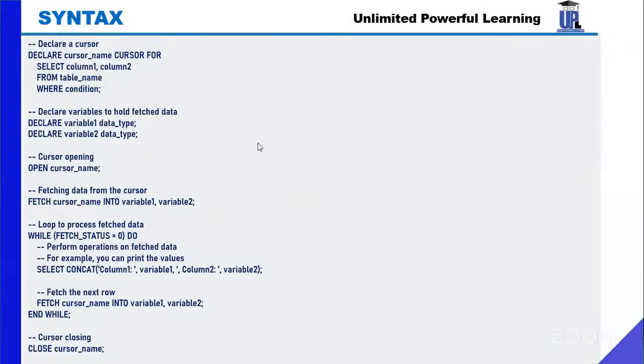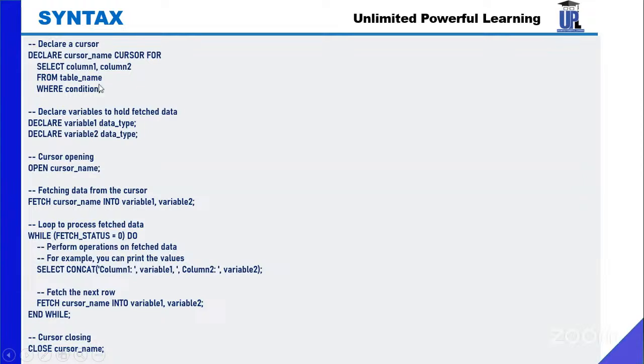Now, if I want to declare, first from which table, what are the columns, because the table may have 10 columns, but I need only 2 columns. So then you declare a cursor name, and the cursor name you can give like XYZ cursor, some name. Cursor for which table and which condition.